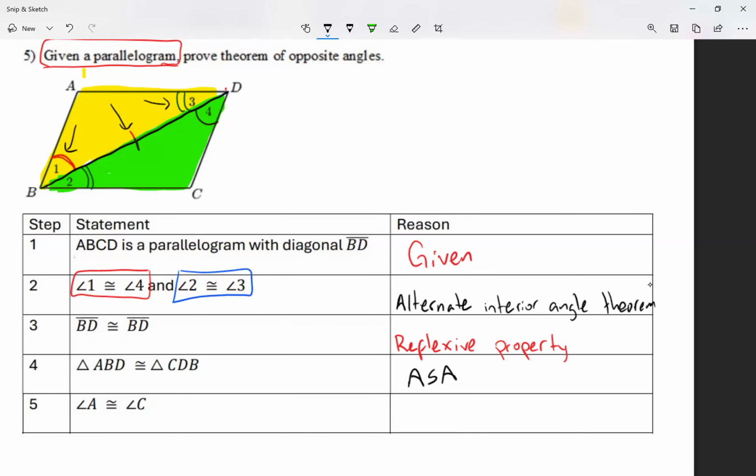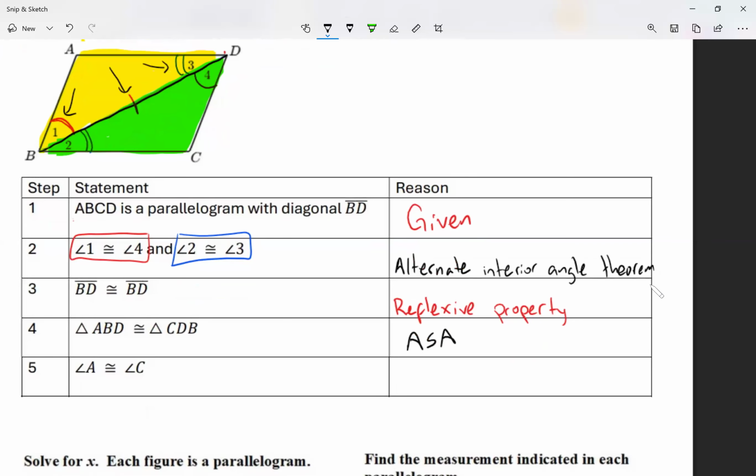Now, when you accept two triangles are congruent, honestly, you accepted a lot of things. For example, let me use the first two letters of each triangle. You accepted the segment AB is congruent to the segment CD.